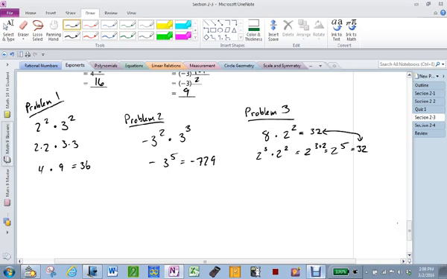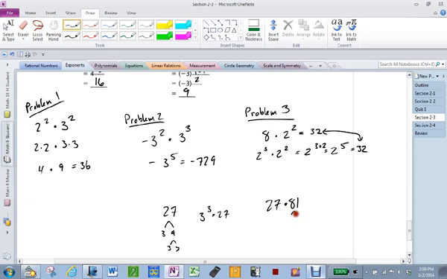Let me give you another one there. Can 27 be broken down? Yeah. To what? 3 times 9, 3 times 3. So 3 cubed is 27. So could I do 27 times 81 as exponents? Yeah, because 27 we know is 3 times 3 times 3.